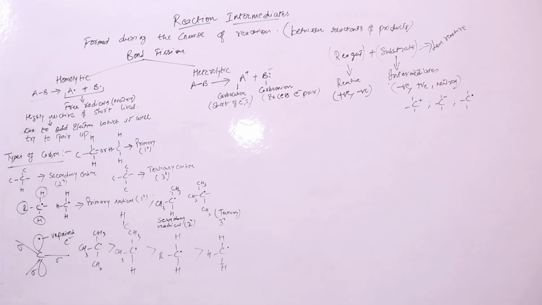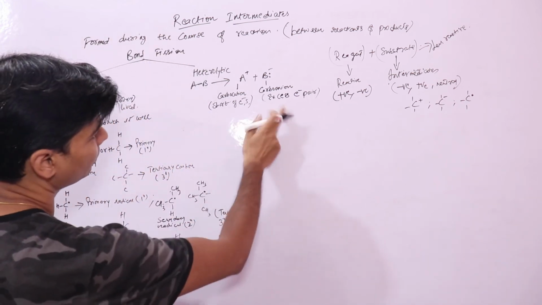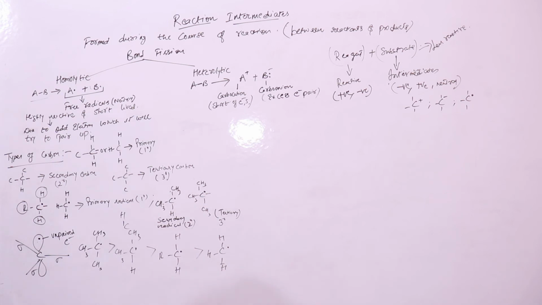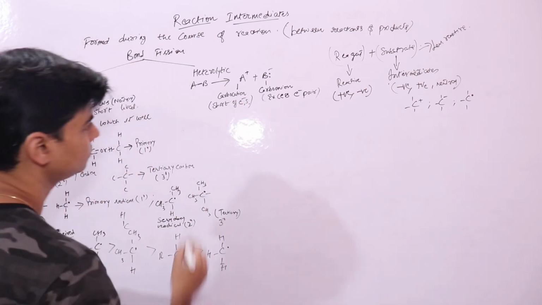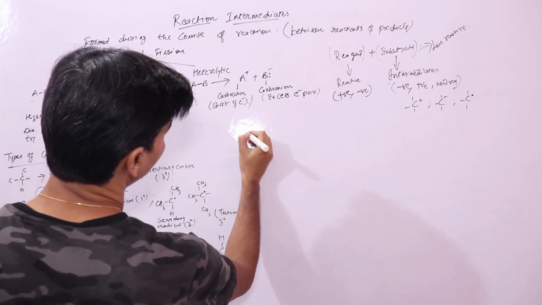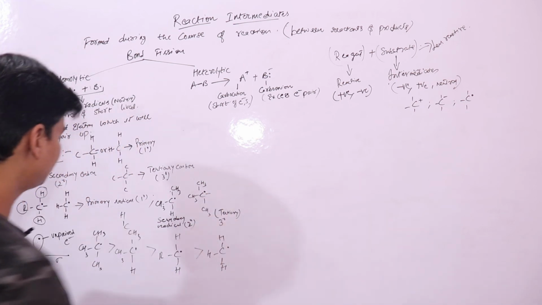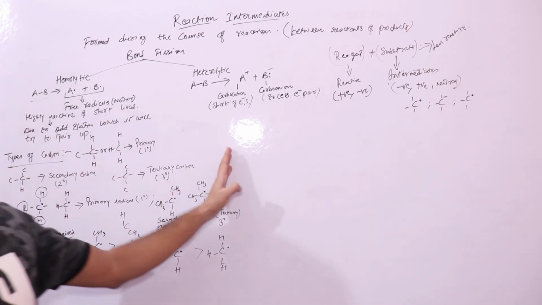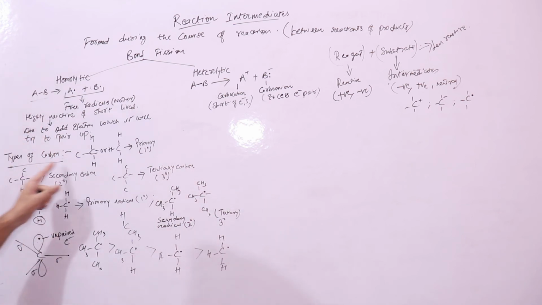Now let's quickly move on to heterolytic bond fission. In heterolytic bond fission, like I said, we get a carbocation and a carbanion. In this carbocation, same as this, carbocations are also primary, secondary and tertiary, based on the type of carbon atom.